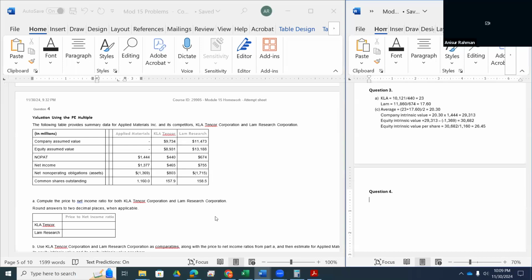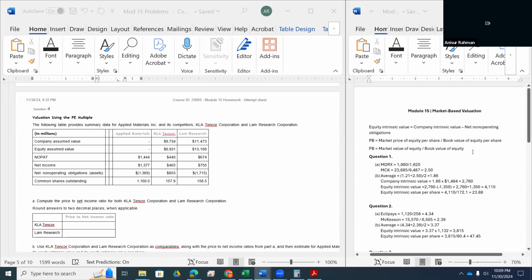So price to net income is your book value of equity divided by net income. Sorry, I misspoke. Your price to net income is equal to your market value of equity, not book value of equity. Market value of equity divided by net income.